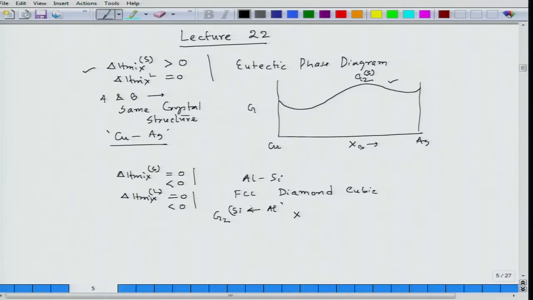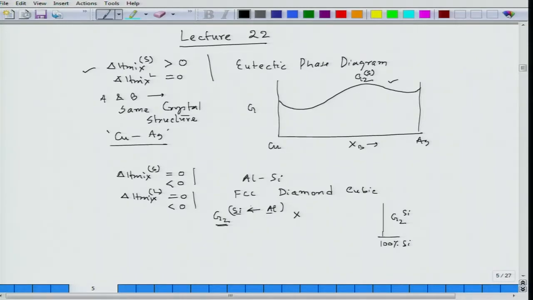That means these two cannot form any alloy. So, there is no need to consider solution thermodynamics or solution formation in the case of silicon, because it cannot contain any aluminum. That time the free energy line would be simply a single line, it cannot have any curvy nature like this. This would be my G2 of silicon, because it has only one composition, which is 100% silicon.